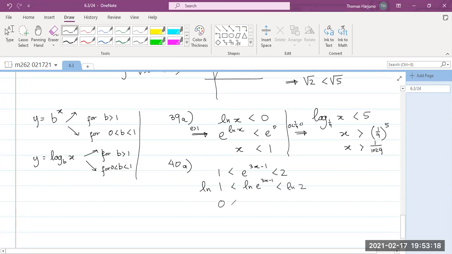This is 0, less than 3x minus 1, less than natural log of 2. Do you see the process? I maintain the inequality sign. I don't need to reverse it because base e is greater than 1. Therefore, log base e is increasing. Okay, I don't need to flip the inequality sign.